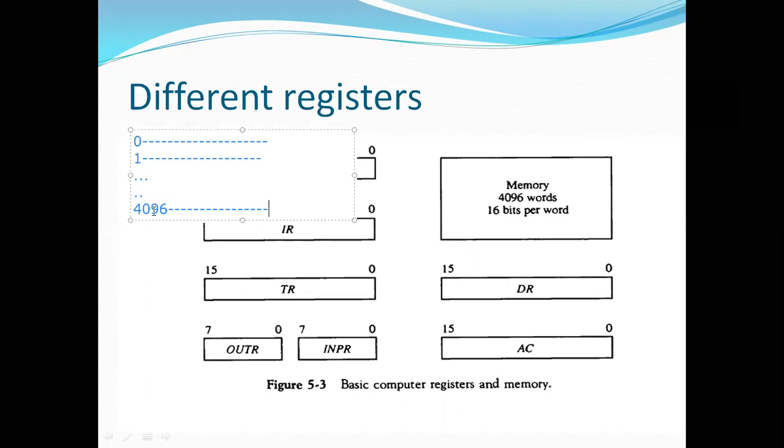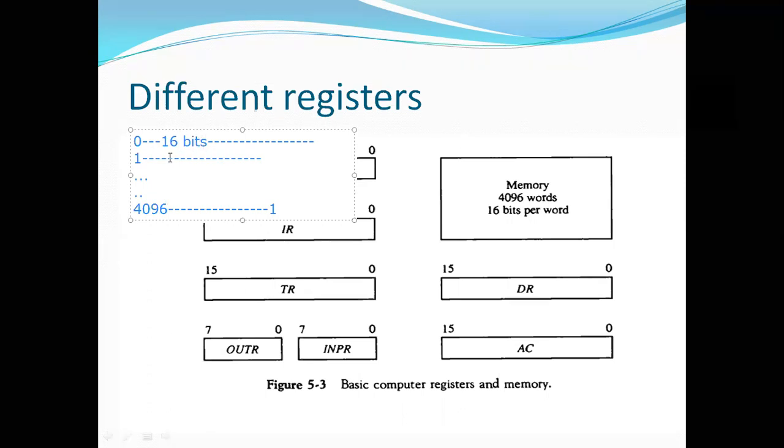How many bits is the address? 4096 means 12 bits, and the length of the data here is 16 bits. Suppose we consider the address register as 1; then the length of the instruction is 16 bits.